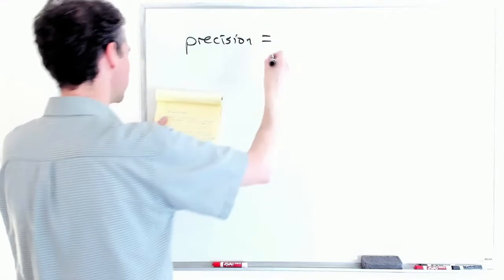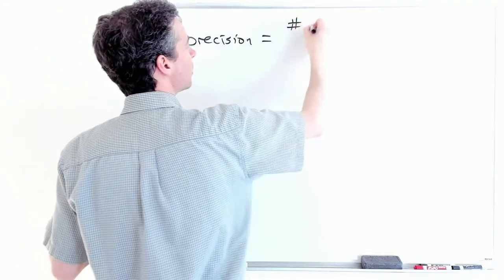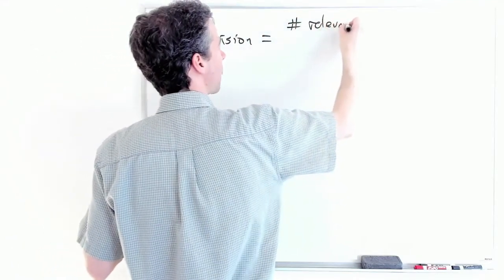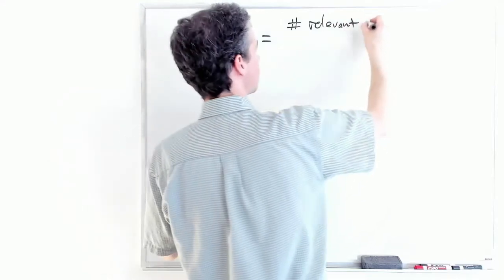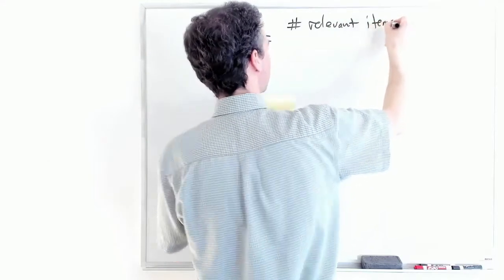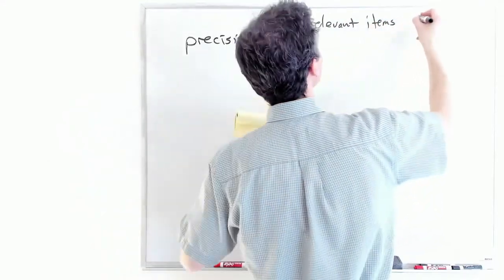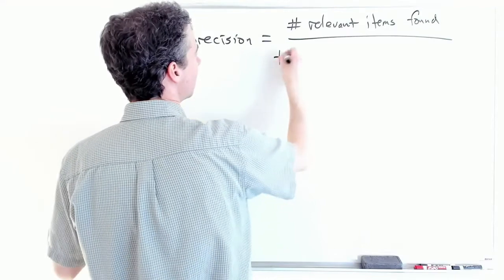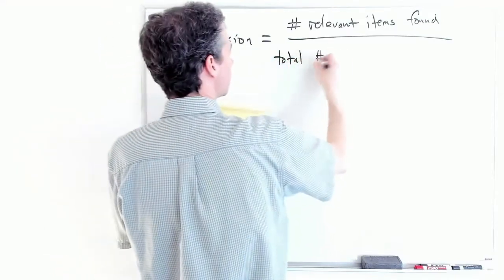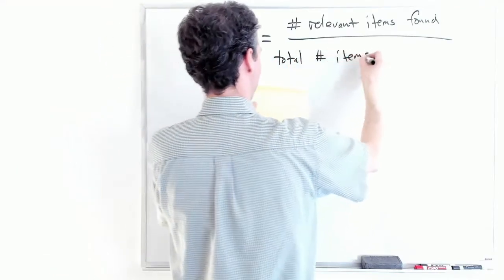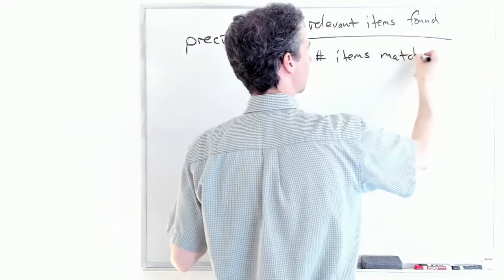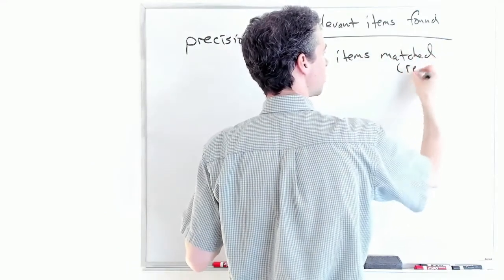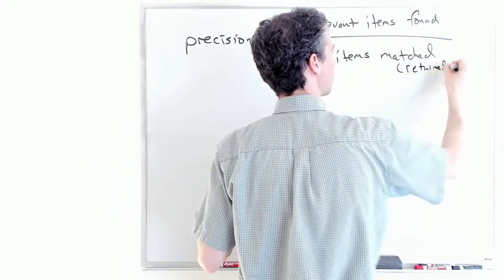So precision is the number of relevant items. Remember, relevance is what I consider relevant to me and my needs. Number of relevant items found in my search divided by the total number of items matched, or we could say returned if we're talking about search results.